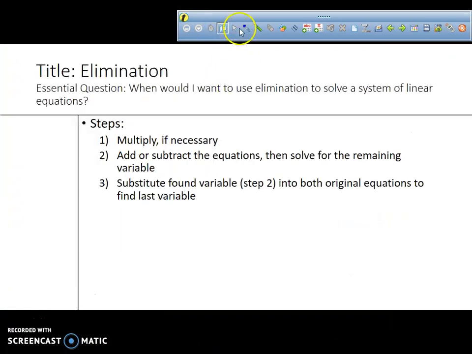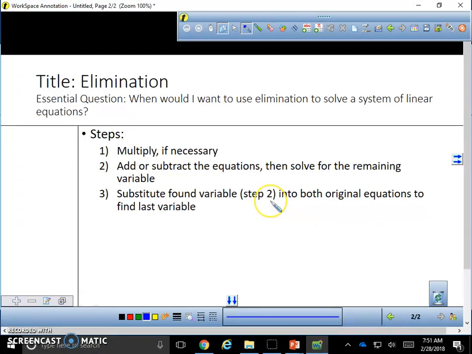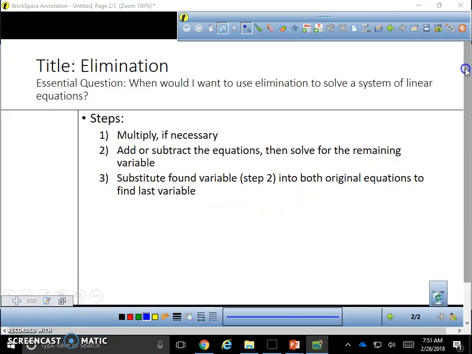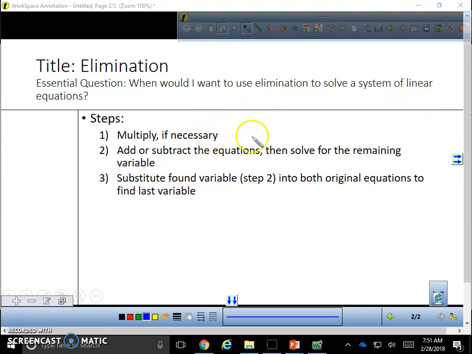Let's go ahead and look at the steps of elimination. There's 3 steps to elimination, just like there is with substitution. Step 1, multiply if necessary, and we haven't seen any of these yet. I'll show you one today.